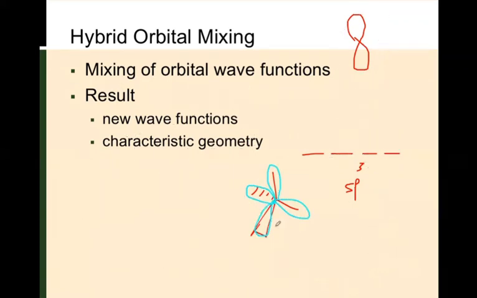We have to add certain amounts of the s orbital. There are mathematical equations which describe all of that. You add 10% of an s orbital plus 15% of a px orbital plus 50% of a py orbital. I don't know exactly, but it basically goes something like that.